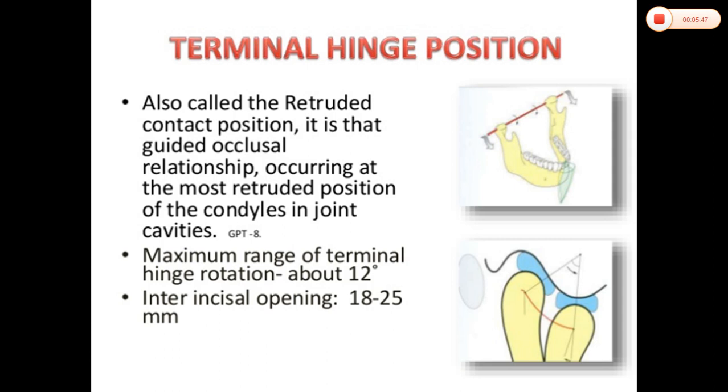In that position, there won't be any pure rotation happening. So we have to record the mandible where we have a pure rotation, and that has to be transferred to the articulator.